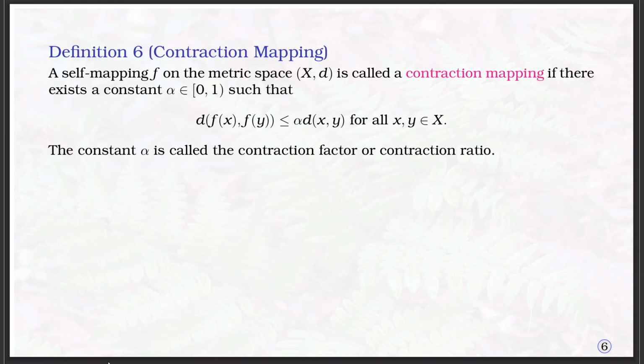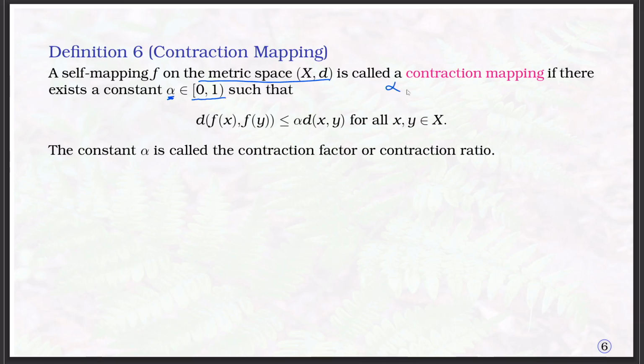Now, let me define what a contraction mapping is. A self mapping F on the metric space (X, d) is called a contraction mapping if there exists a constant alpha belonging to the interval [0, 1).